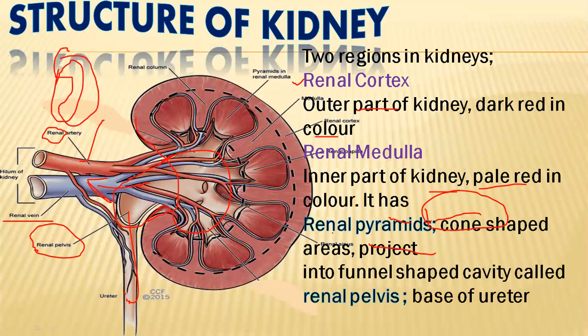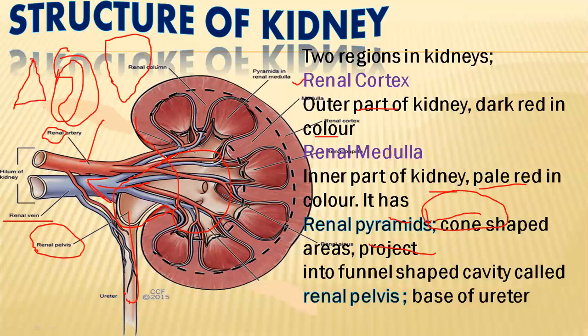In the medulla, renal pyramids are located. Why are they called pyramids? Because they have a conical structure. They are cone-shaped structures, like pyramids you have seen, like this.